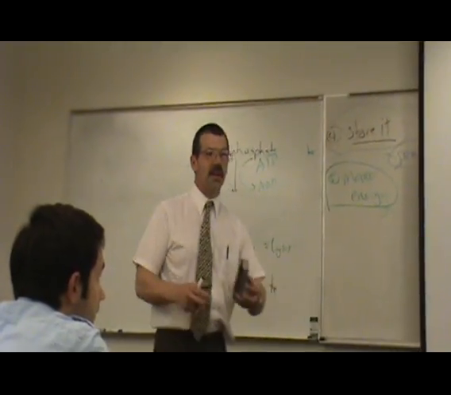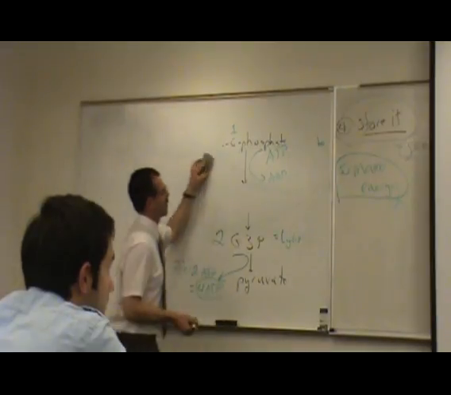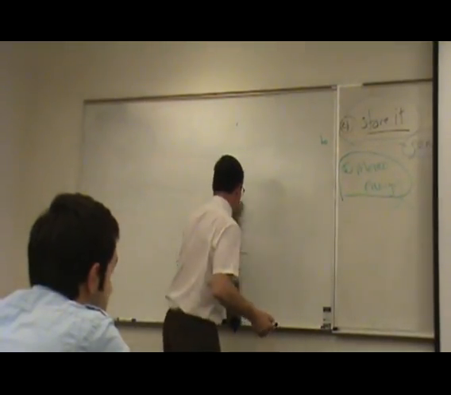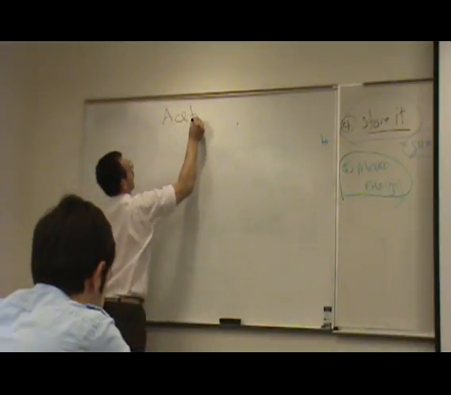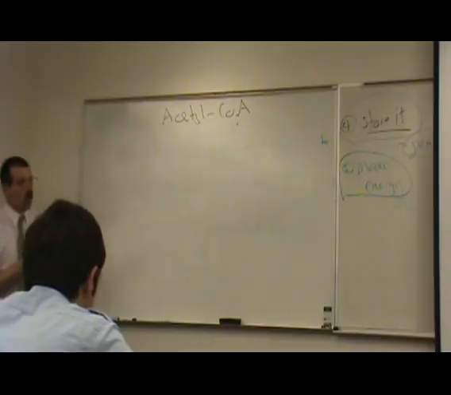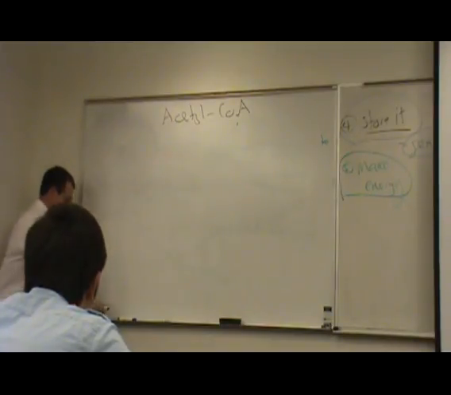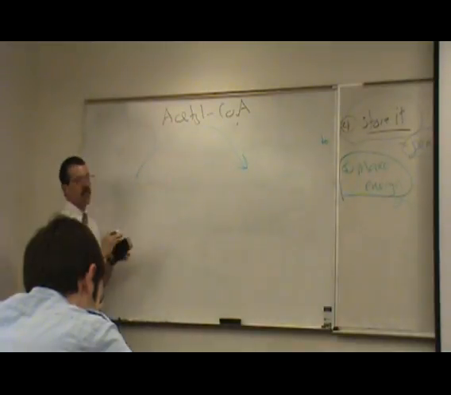So here we go on the Krebs cycle, TCA cycle, carboxylic acid cycle, citric acid cycle. We're going to start at the top. We're going to take acetyl-CoA. Where is that from? Over there, right? And we're going to use it to make something.